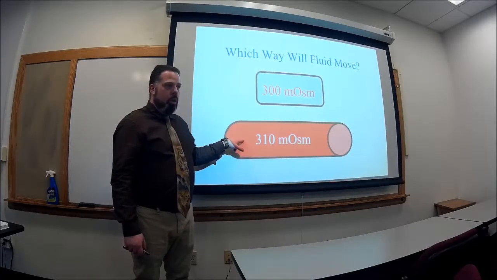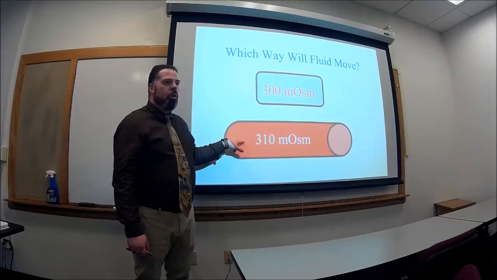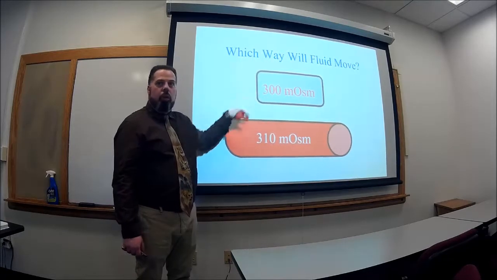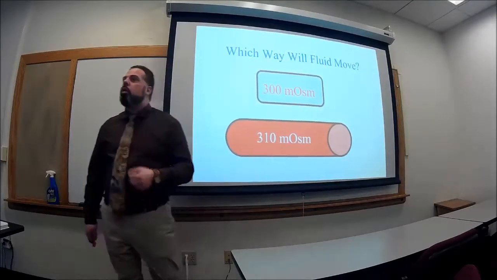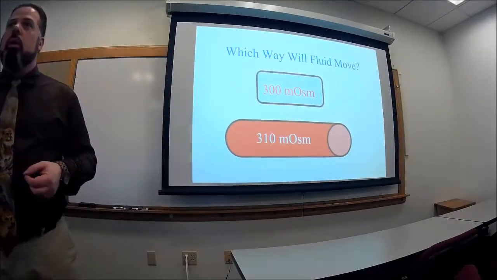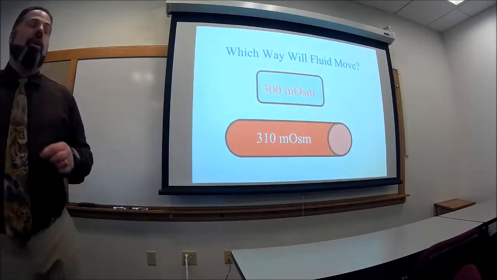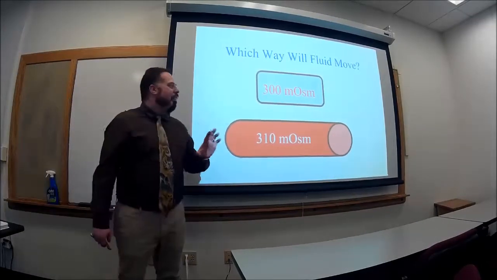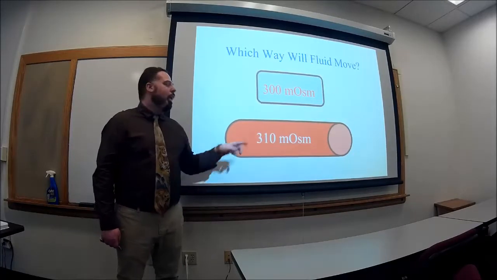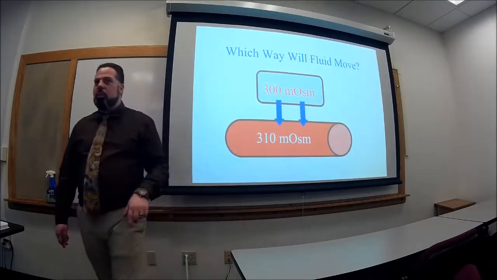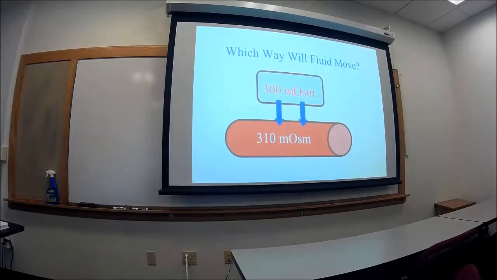Hyper. So where are there more solutes? In the bloodstream. So where does the fluid want to go? Into the bloodstream or out of the bloodstream? Into the bloodstream. Does that make sense?